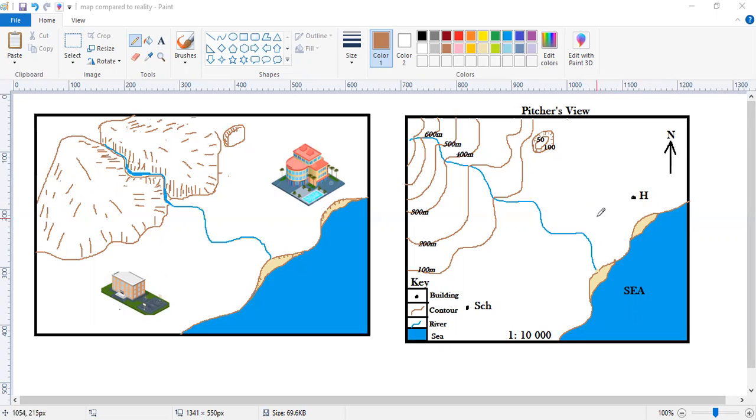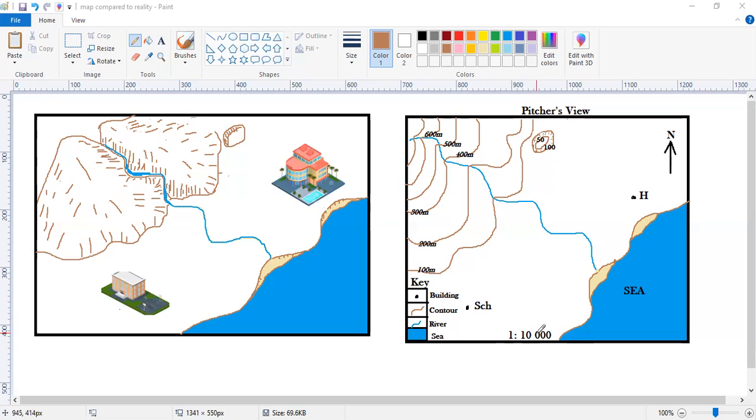Another important element on a map that helps us to find the location of features is the scale. The scale of the map helps us to give the distance of the features in reality.